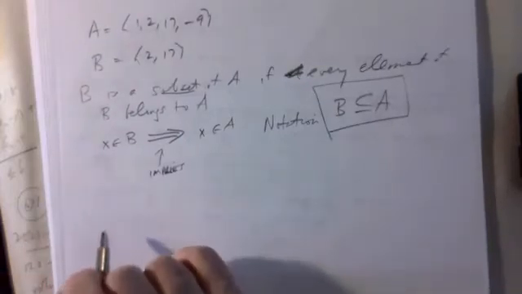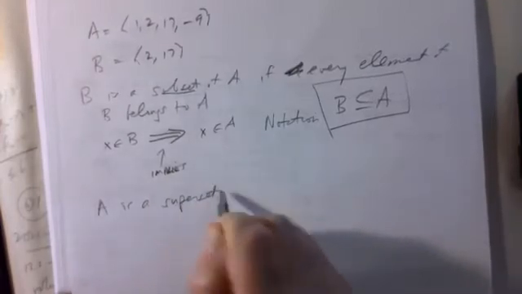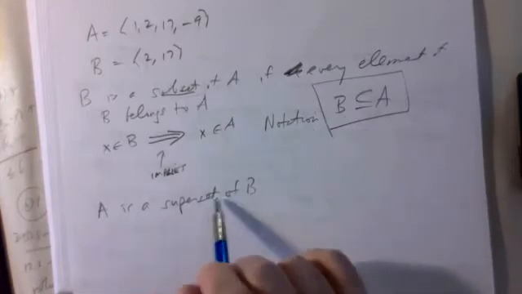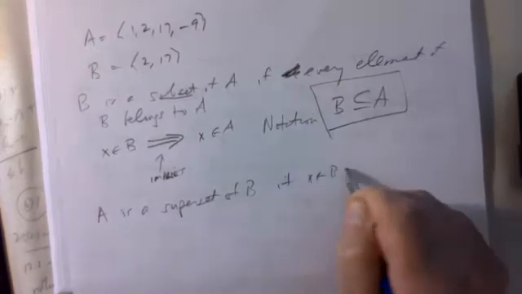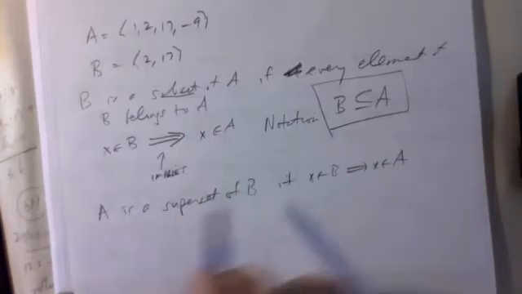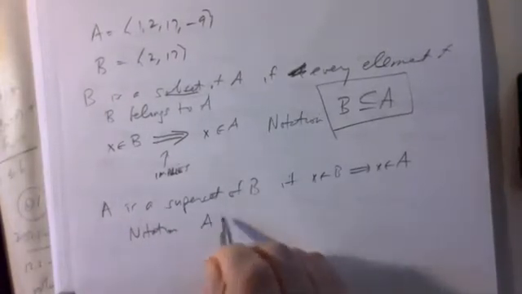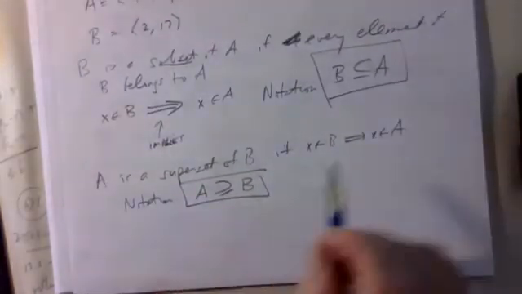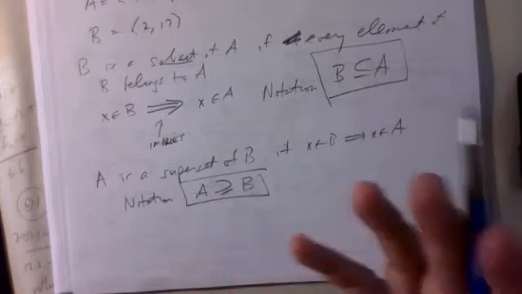And we can say A is a superset of B. It's the same as saying that B is a subset of A. A is a superset of B if X in B implies X is in A. So A contains every element of B. And the notation, as you would expect, is A contains B. So this means B is a subset of A, and this means A is a superset of B, and they're the same.